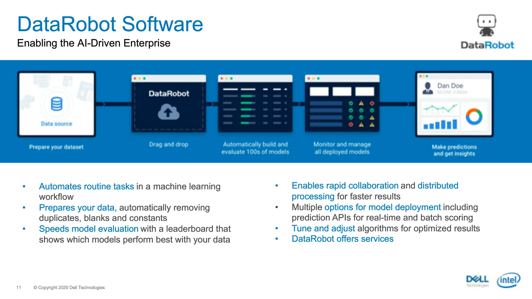A lot of these tasks are involved around building AI or machine learning models. And both data scientists and non-data scientists can use this to quickly build very accurate predictive models. And this can be done without the need for any specialized training and without learning how to actually do code.